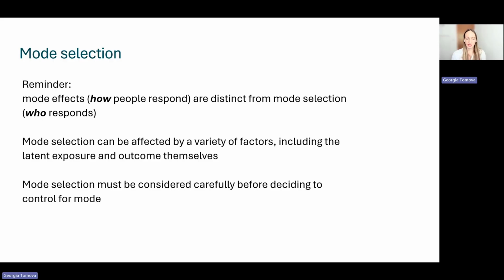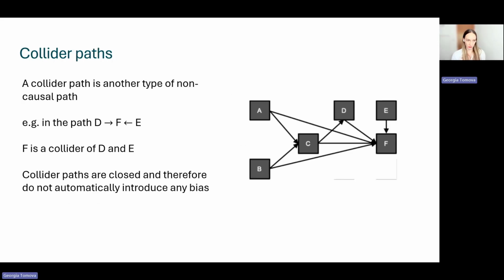To understand it, I will introduce a different type of non-causal path, which we can refer to as a collider path. Like confounding, this is another type of non-causal path, meaning that the arrows don't go in the same direction.